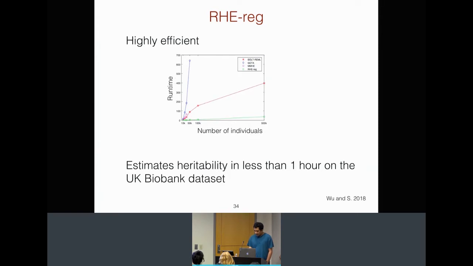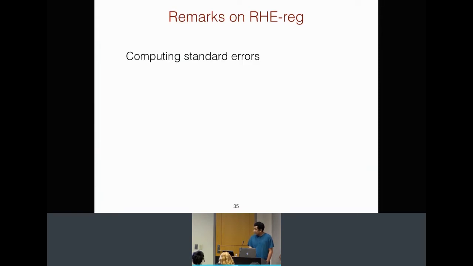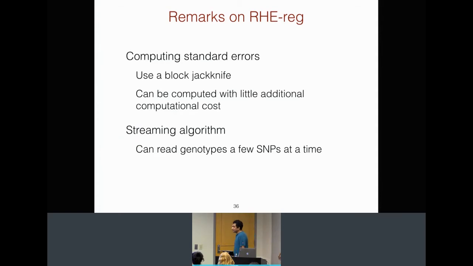All right, so it was all about getting point estimates. Of course, for this to be useful, you also want to compute standard errors. Right? You want to figure out what's the error bar around these estimates. There are many ways of doing this. We use block jackknife.